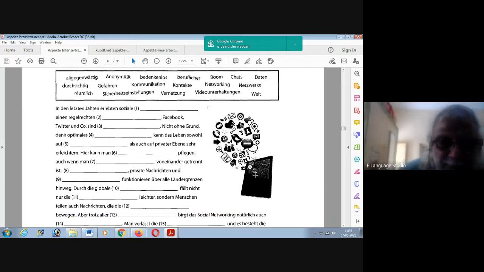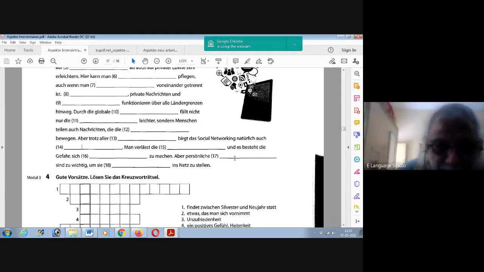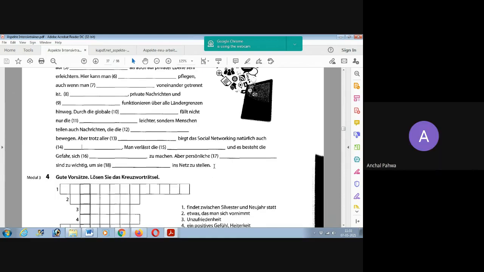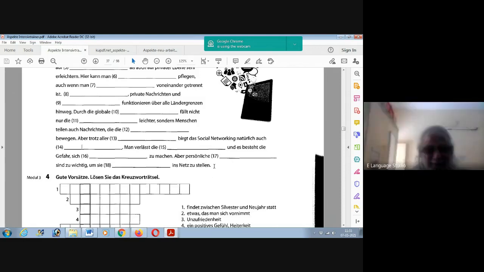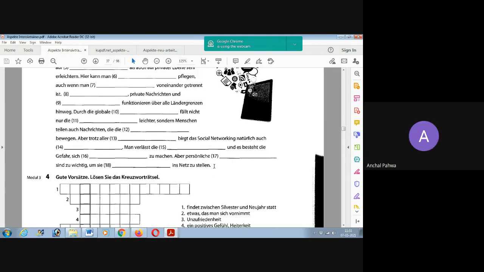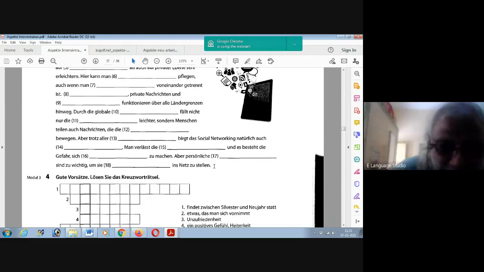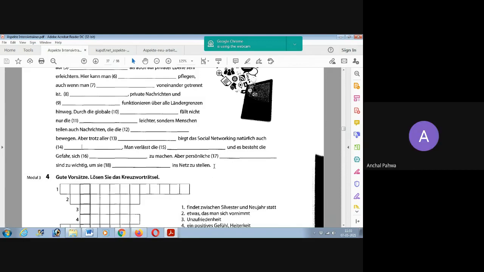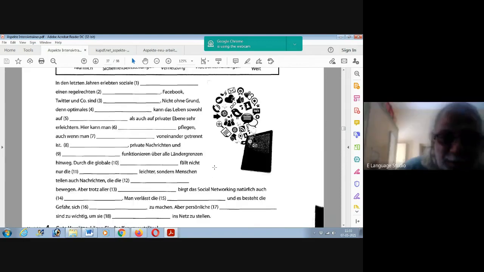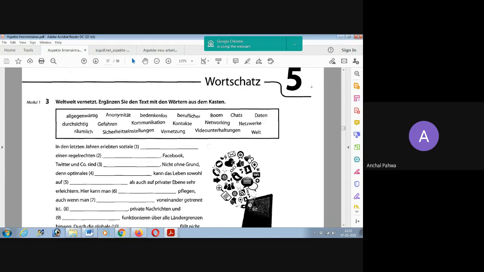Or let's read on. Aber persönliche Daten sind so wichtig, sie ins Netz zu stellen. Aber persönliche Daten sind so wichtig, sie zu stellen.